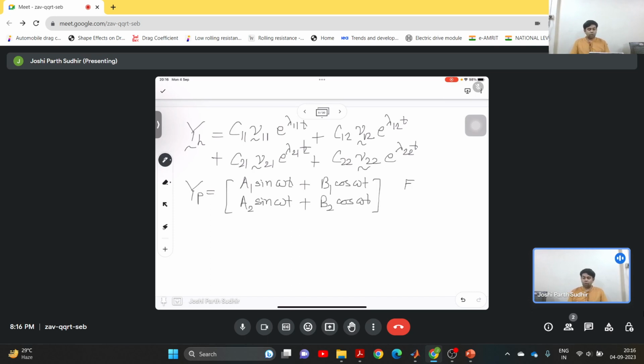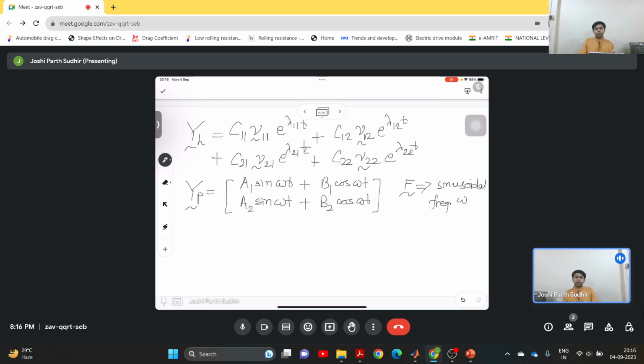So if the matrix F has some sinusoidal forces with forcing frequency of omega, this may or may not be equal to the natural frequency, but based on that we can assume a particular solution of this form, a1 sin omega t and b1 cos omega t.